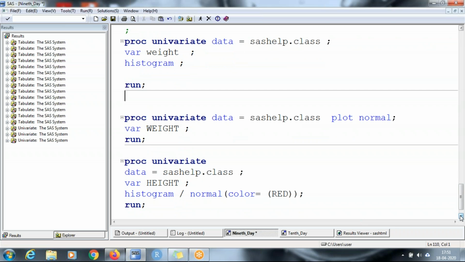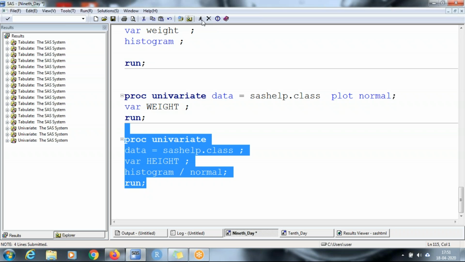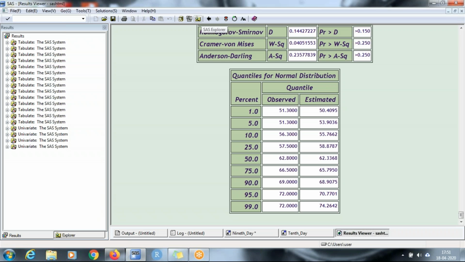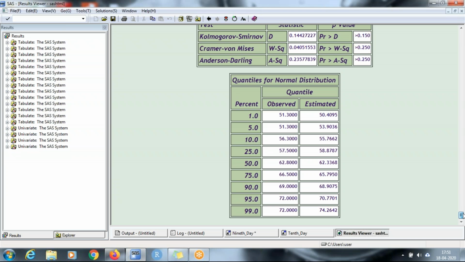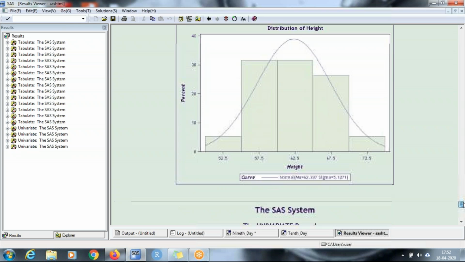Now using a few more options, it doesn't work over here now. So this will put a normal probability curve.